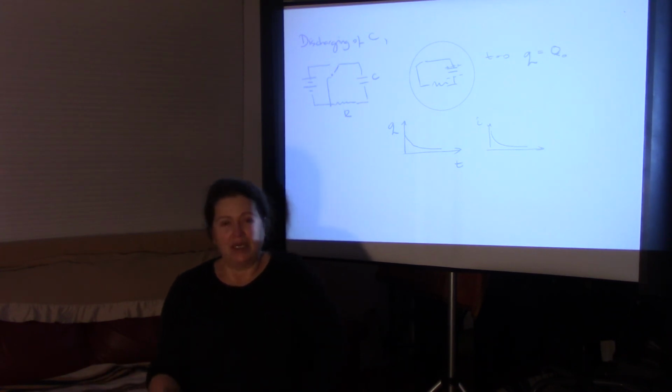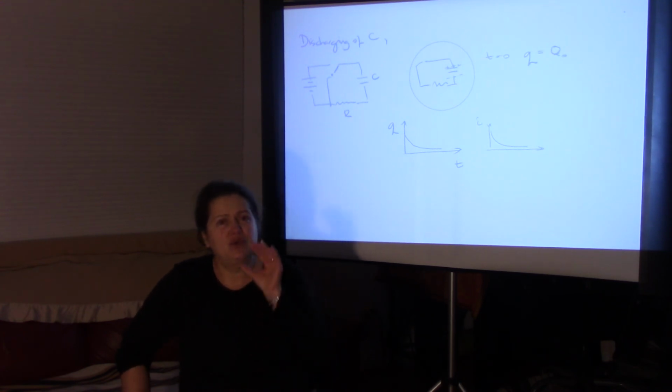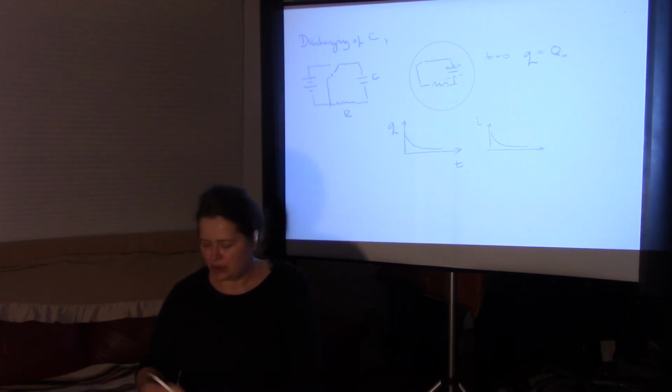Now, as the capacitor is discharging in the circuit, I want you to understand the capacitor will behave like a battery. If you want to write Kirchhoff's rule for this loop, and you take this direction of moving around the loop, you'll have a rise in the potential, and then the current is moving in this direction, so you're going to have a drop of potential over the resistor.